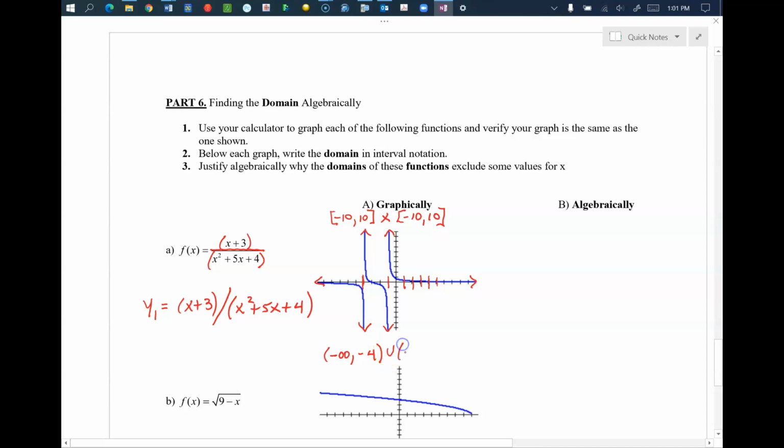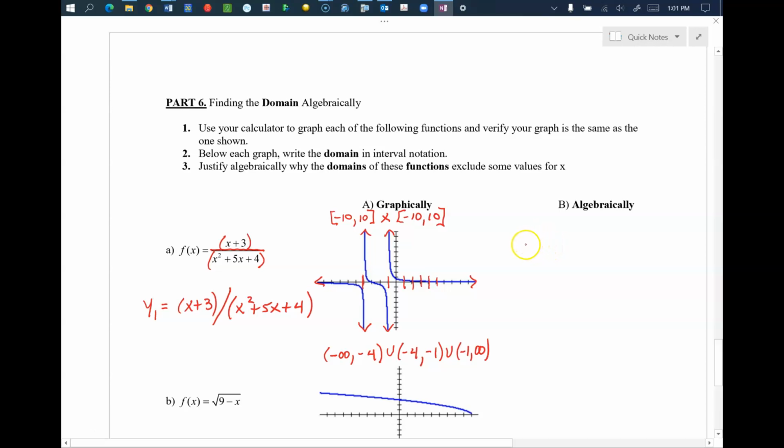We're going to start up again on the other side of -4 and go to -1, and we're going to skip over -1 and go to +infinity. So basically what we're saying with this interval notation is it's all real numbers from -infinity to infinity except for -4 and -1. So let's talk about why that happens algebraically.